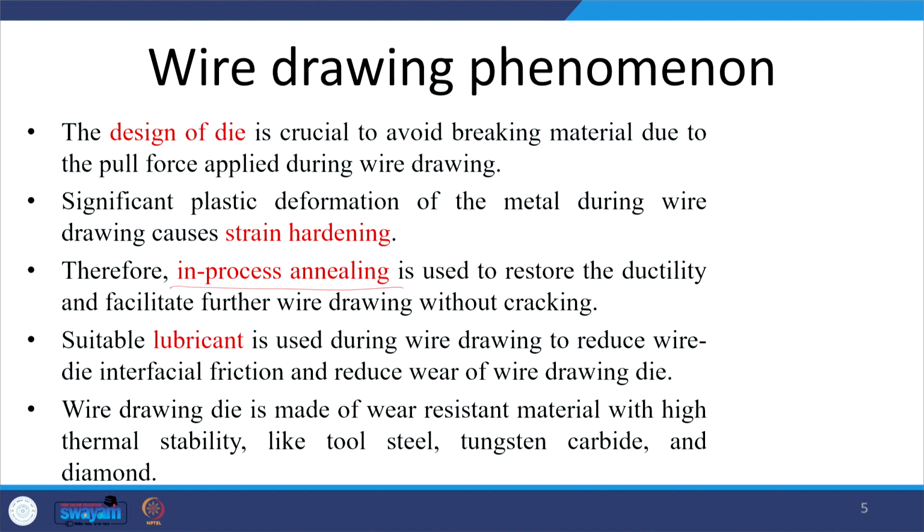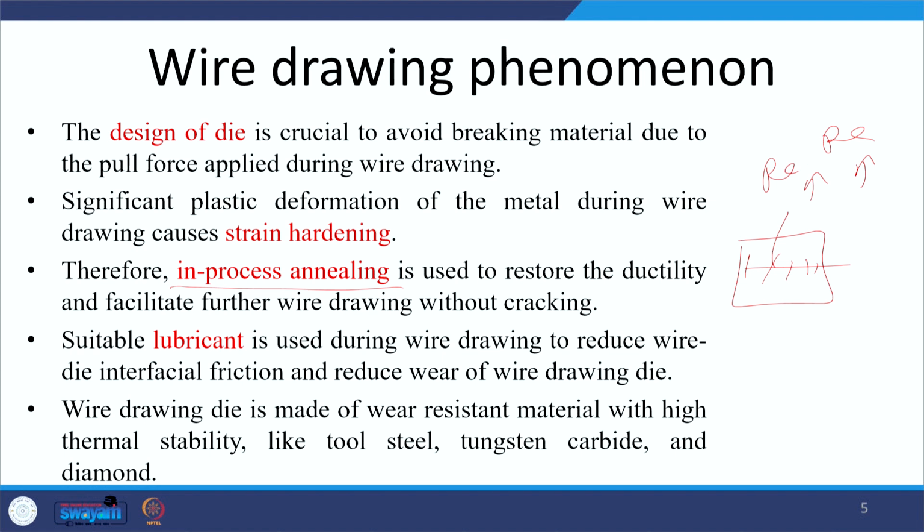Say after passing the set of the 3 wire drawing dies, it is subjected to the in process annealing. In process annealing is simple, that will be causing the recovery, recrystallization, inducing the softness, increasing the ductility, and making it suitable for further wire drawing without cracking tendency.